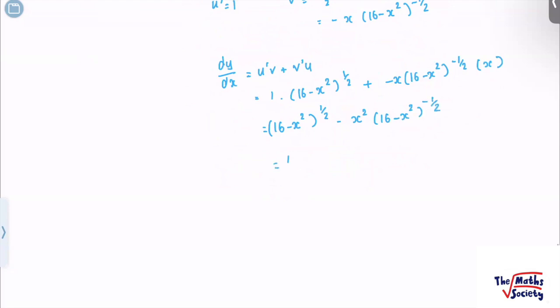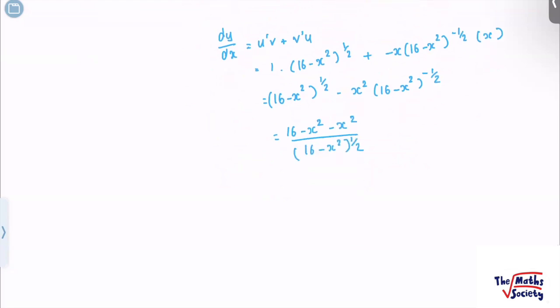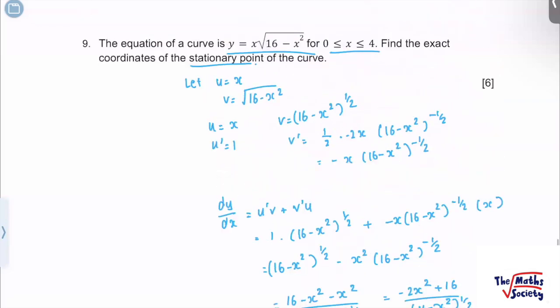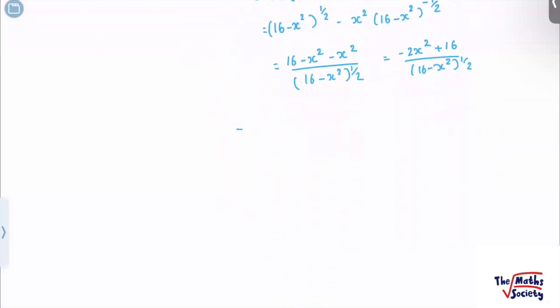So that's going to be (16 minus x squared minus x squared) by (16 minus x squared) to the power half, because we move it down. And you have (minus 2x squared plus 16) by (16 minus x squared) to the half. So then we know we want to find a stationary point, which means we're going to equal it to 0.